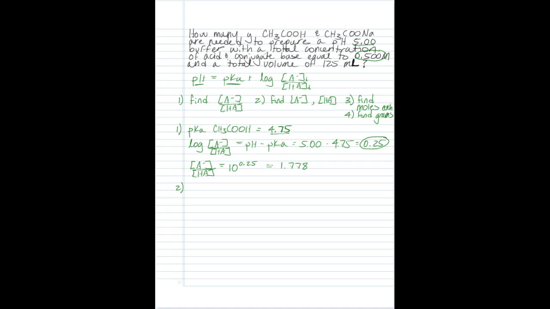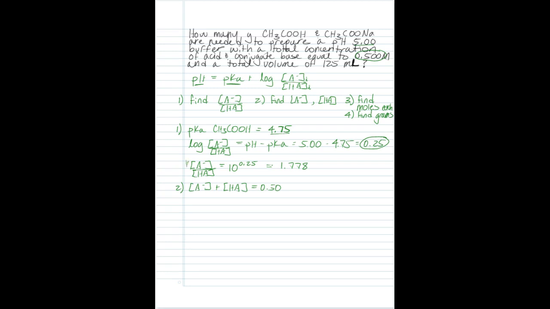Okay, so I can write an equation, A minus plus HA equals 0.500. I'm going to leave out units in my calculations just because there's a lot to write down, and I'll put them back in the end.